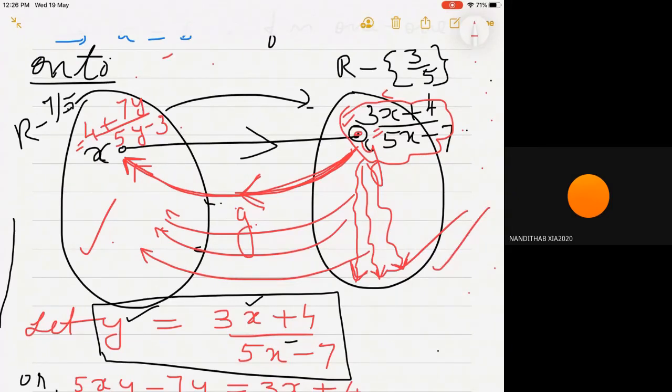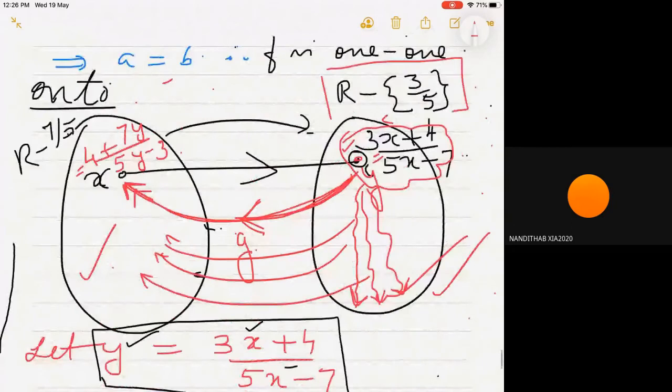You see, the domain of this reverse mapping, or the second set I'm talking about, if y represents any element from the second set, what happens?